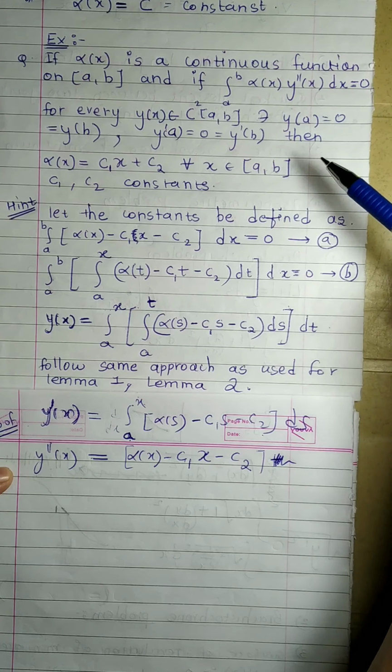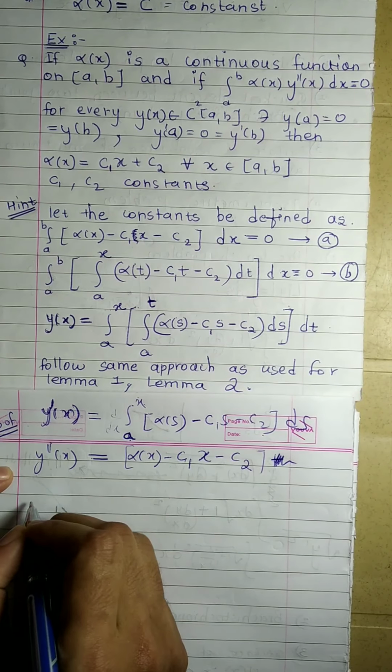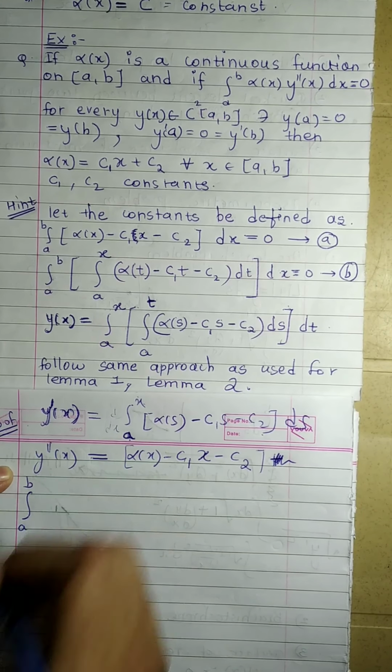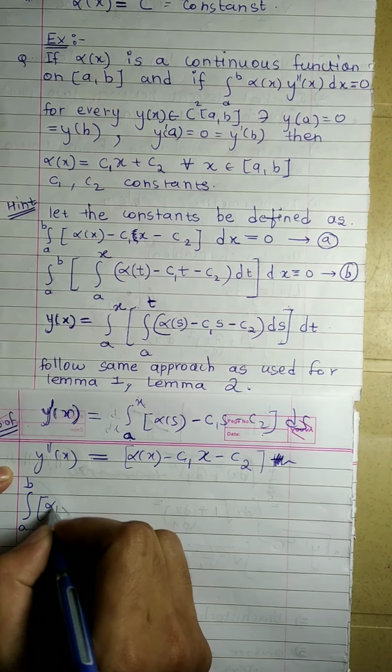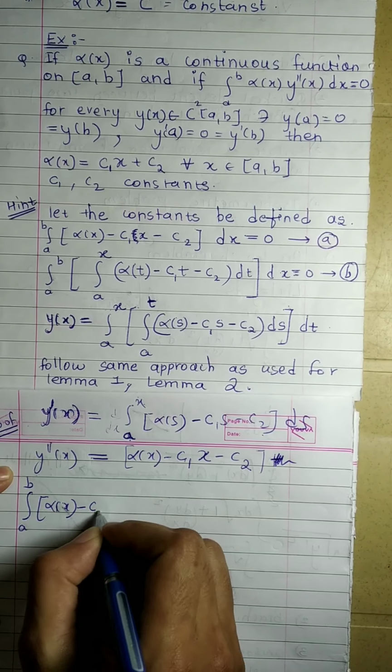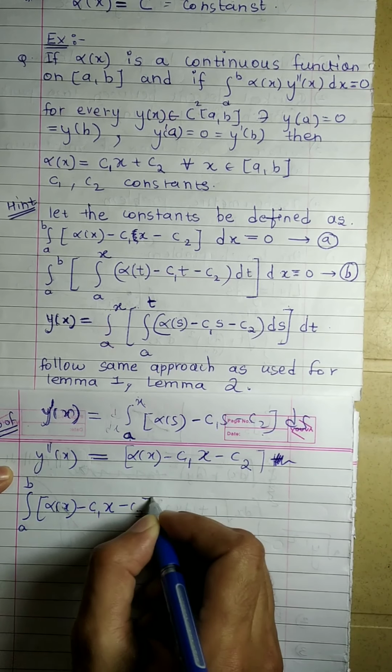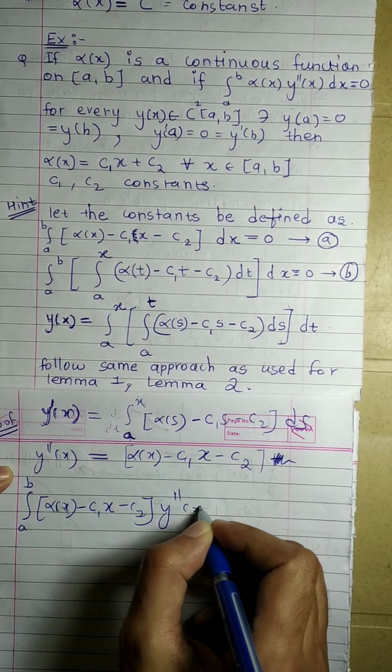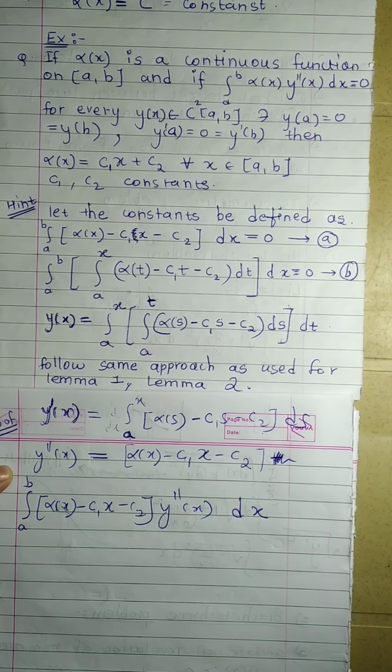And now we shall consider this integral from a to b of (alpha of x minus c1x minus c2) into y double dash of x dx.